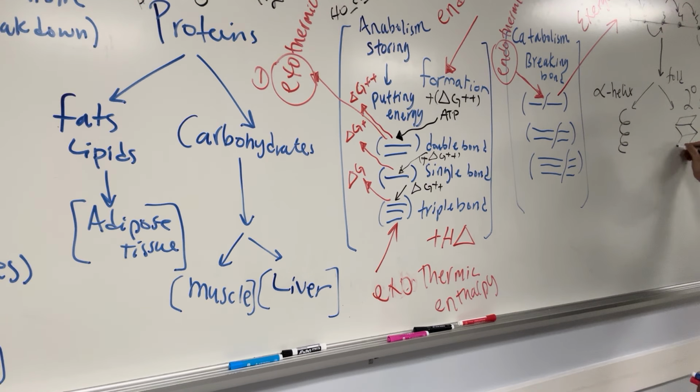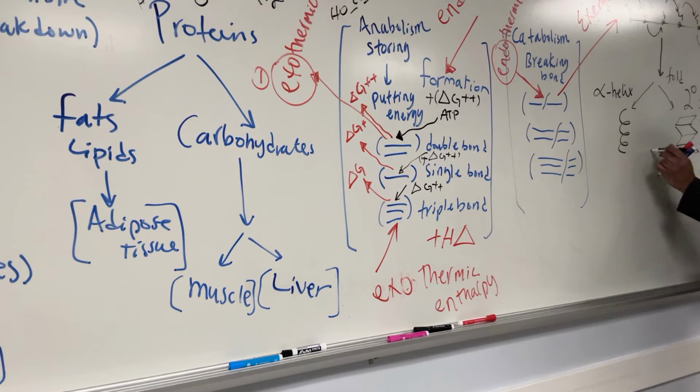The alpha helix and the beta pleated sheets. This is a secondary structure. We don't stop here. We move on into a third, tertiary structure.